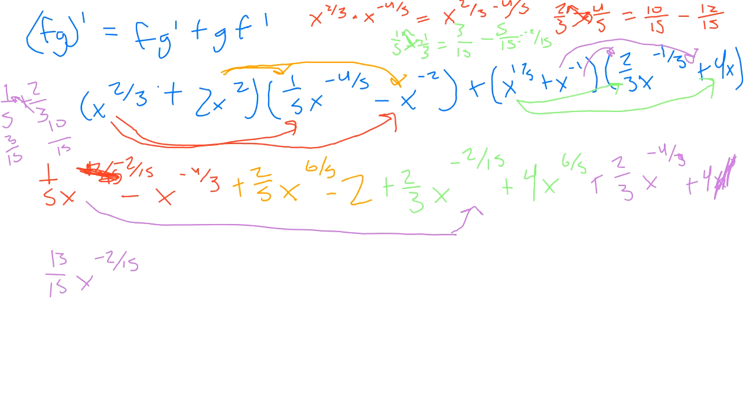And then we see we have a couple that have negative 4/3. So for that one we get a negative 1 x to the negative 4/3 plus 2/3 x to the negative 4/3. So that's going to just leave us with a negative 1/3 x to the negative 4/3.